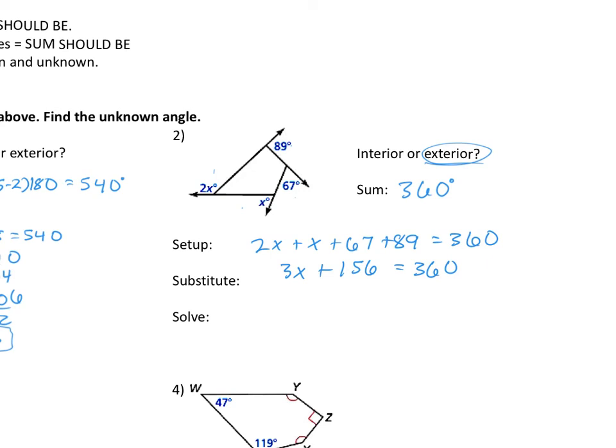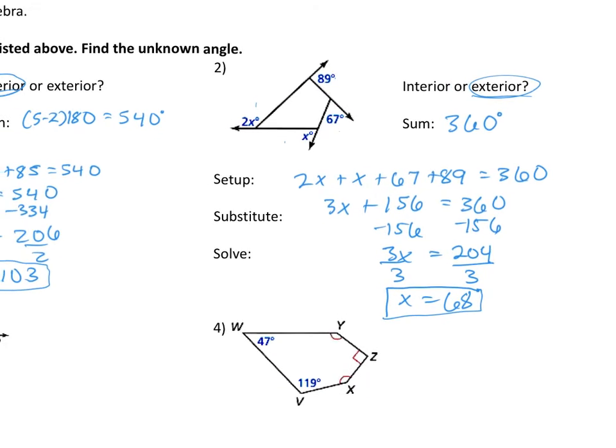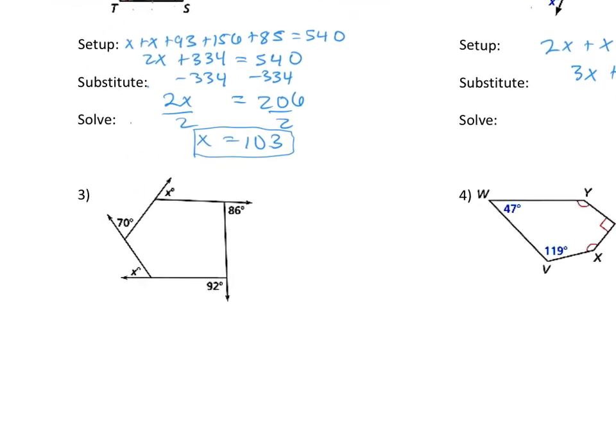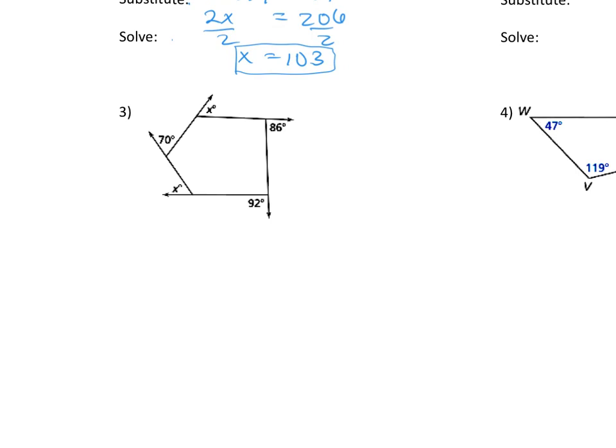I'm going to subtract 156 from both sides. 360 minus 156 gives me 204. Divide both sides by 3 to finish it off. x should be 68. x equals 68.